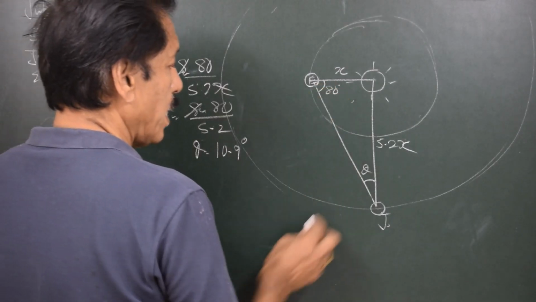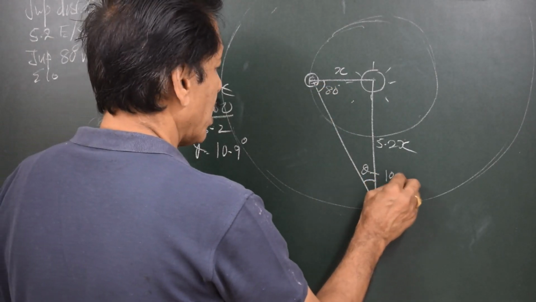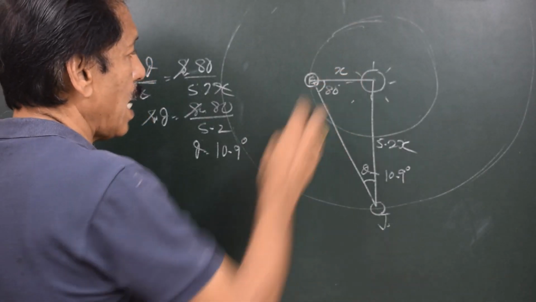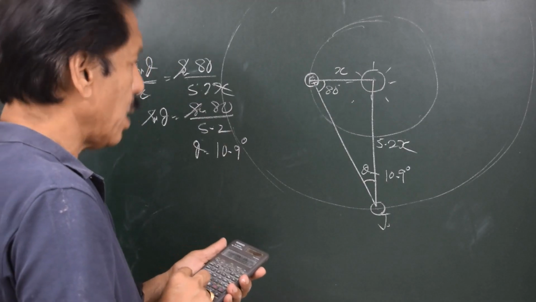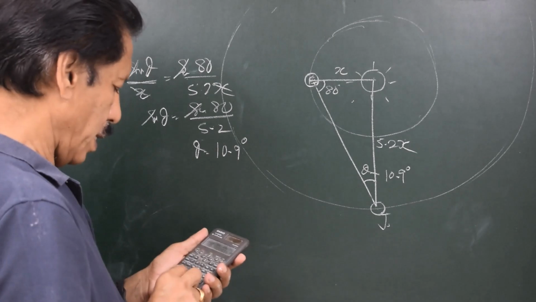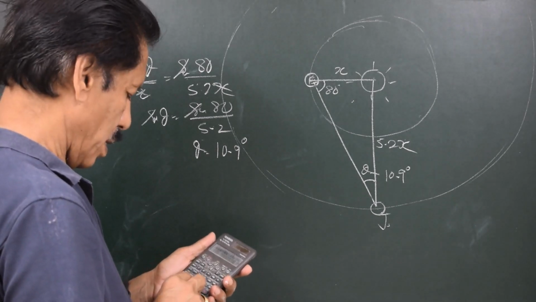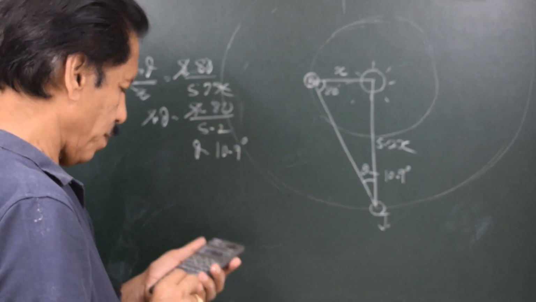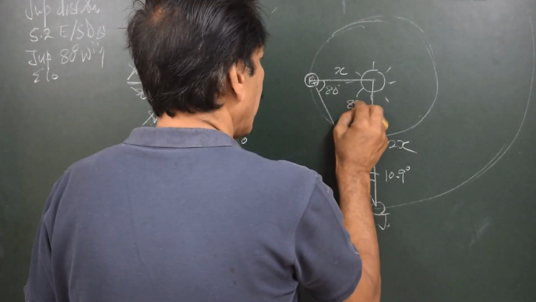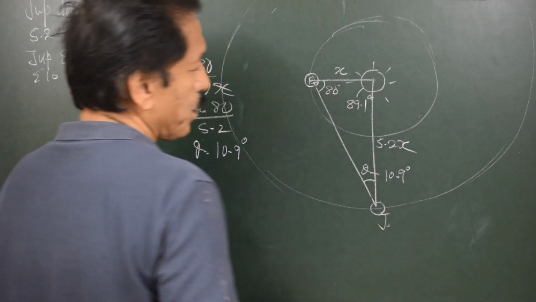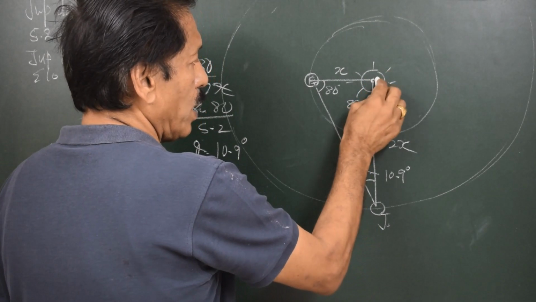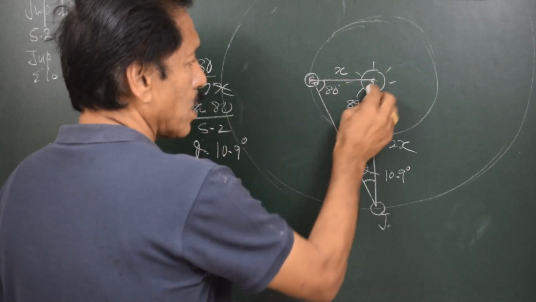I know this as 80 degrees, theta is 10.9 degrees, so the last angle will be 180 minus 90.9. That gives me 89.1 degrees. So this angle is 89.1 degrees.